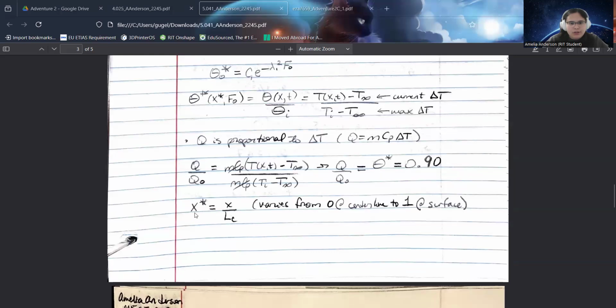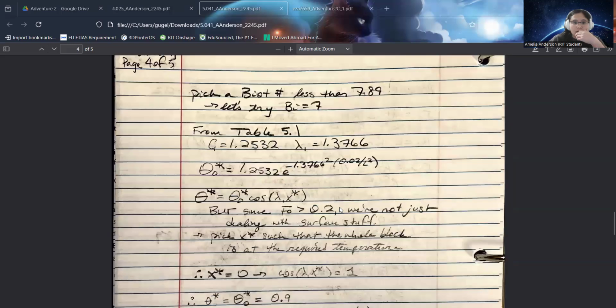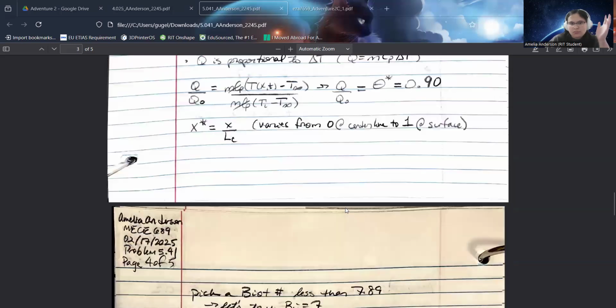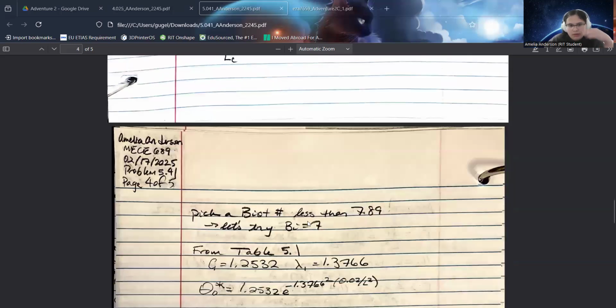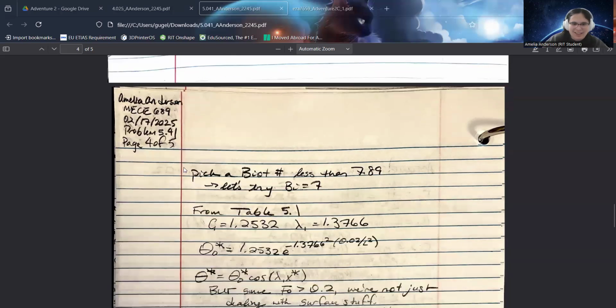We should also mention here that x star is x divided by the characteristic length, which varies from 0 at the center line to 1 at the surface. So let's pick a Bi number. Just, again, swag it. Sorry, that's a word I will not mention. It's not the colloquial slang version. Anyway, pick a Bi number less than 7.89.